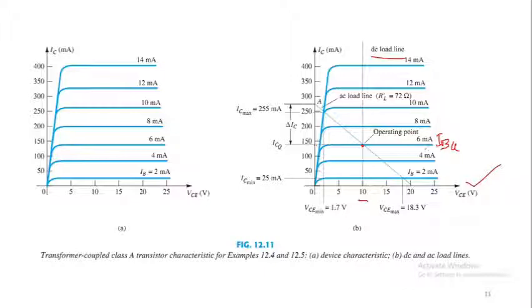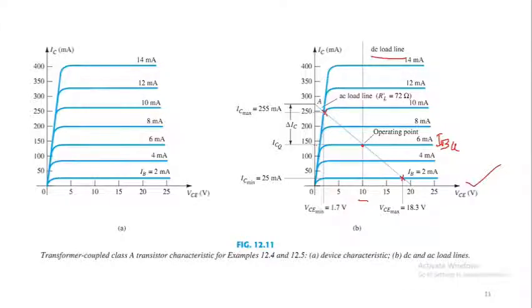So 4 plus 6 plus 4 equal to 10. So it means you have this point for the base current swing, and for the other side bottom side पे 6 में 4 milliampere की swing आप add करें नेगेटिव साइड पे, that will be 2. So एक पॉइंट आपके पास ये बनता है, एक पॉइंट ये.